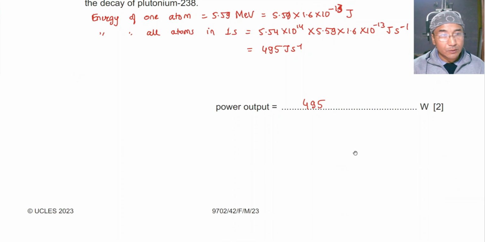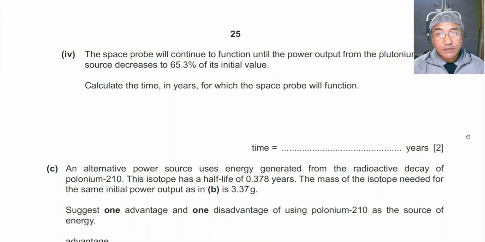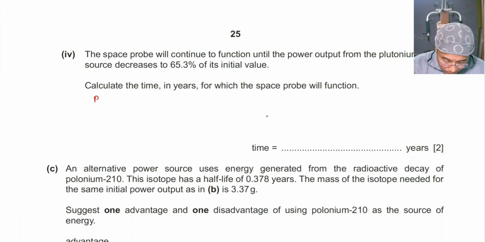Now, the space probe will continue to function until the power output from the plutonium in the source decreases to 65.3% of its initial value. Calculate the time in years for which the space probe will perform. So it will perform till the power decreases to 65.3%. So that means power is equal to 65.3 percent of P naught, which is 0.653 P naught.